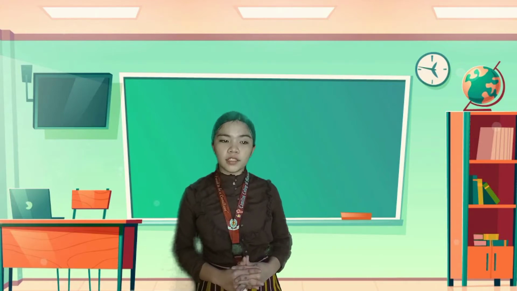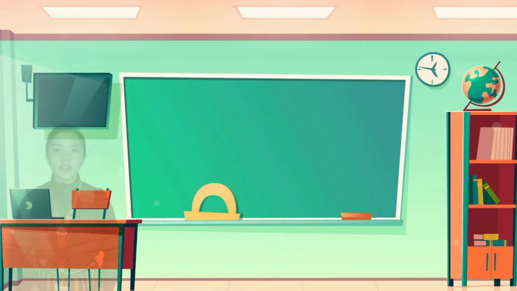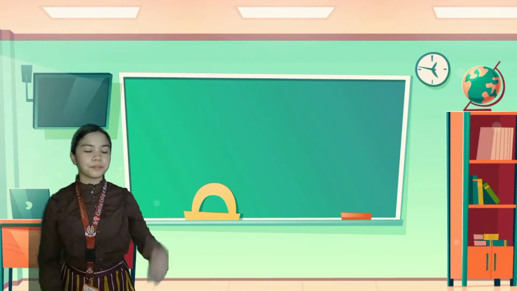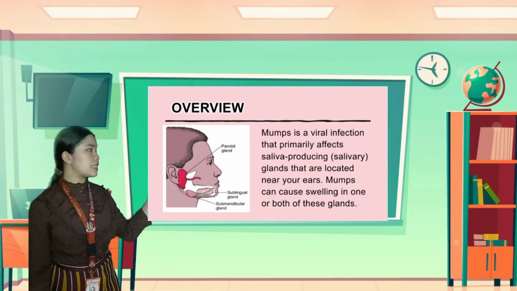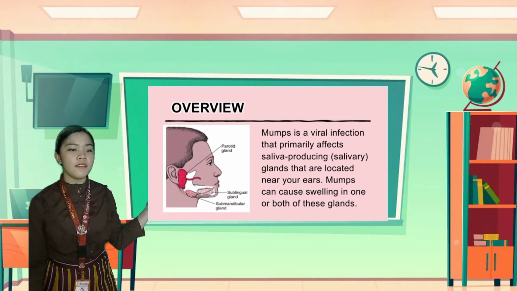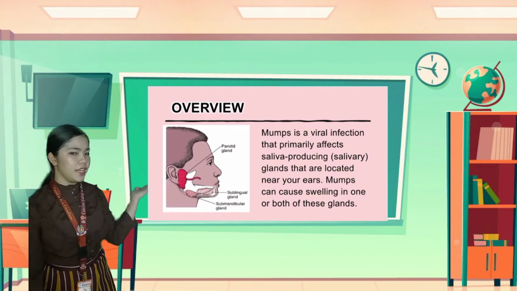These are the salivary glands that mumps primarily affects. So, let's discuss the meaning of mumps. Mumps is a viral infection that primarily affects the salivary glands located near your ears.